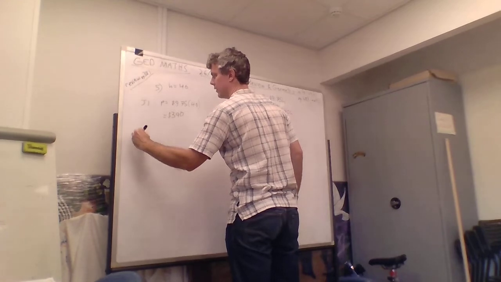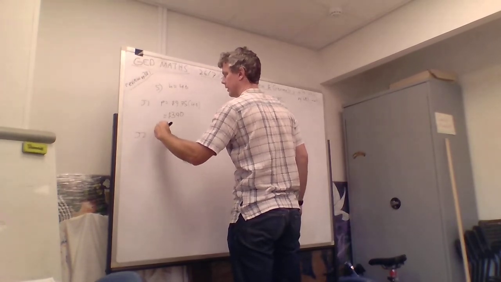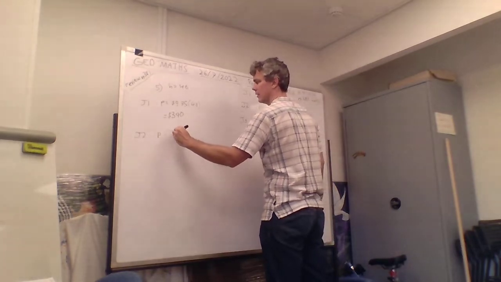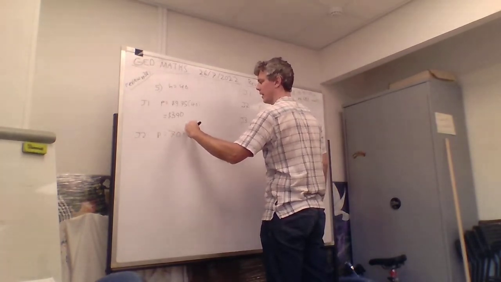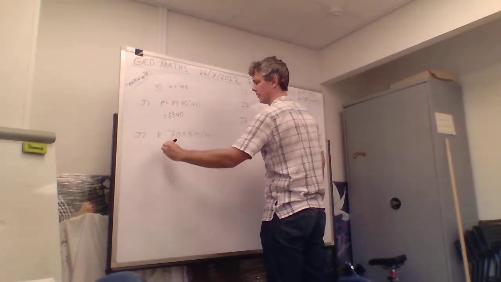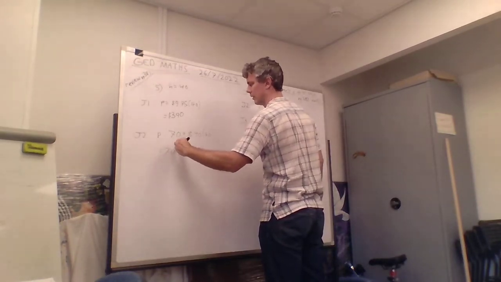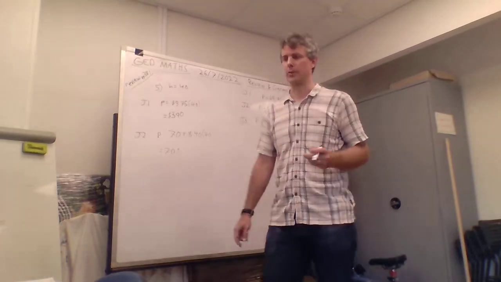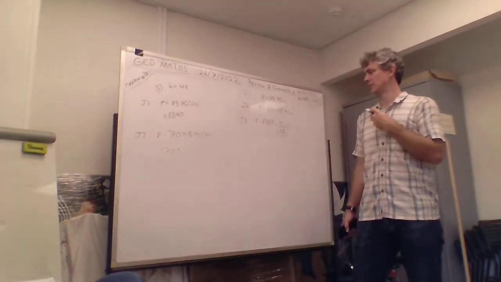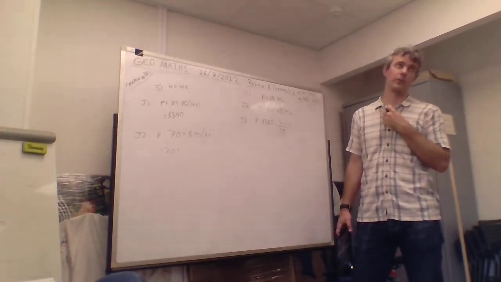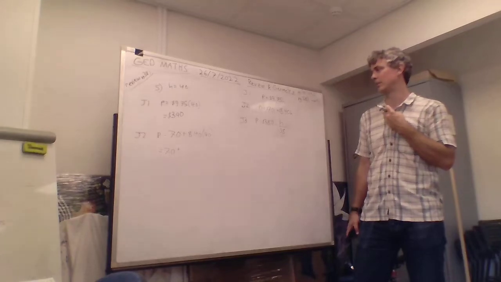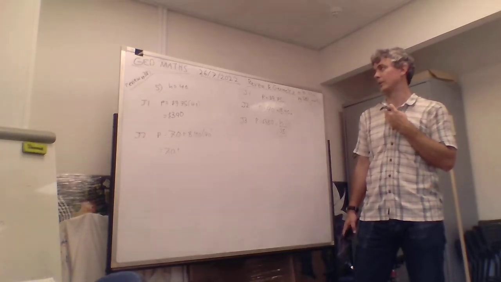Let's try the second one, right? Now here, P equals 70 plus 8.40 times 40. So that equals 70 plus what's 8.4 times 40? 8 times 4 is 320 plus 16, 336, I think.